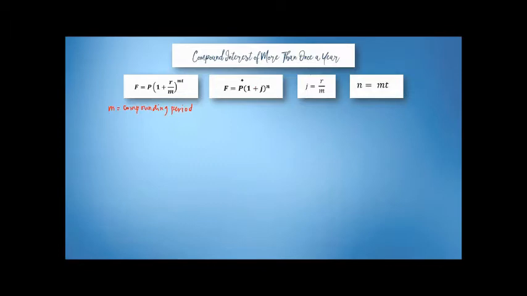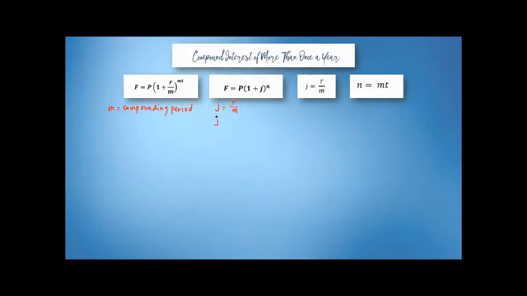Okay, next. Meron din tayong additional formula na same lang din siya dito sa part na to. We have F is equals to P times the quantity of 1 plus J raised to N. Yung J natin ay katumbas siya ng R over M. So annual rate divided by the compounding period.